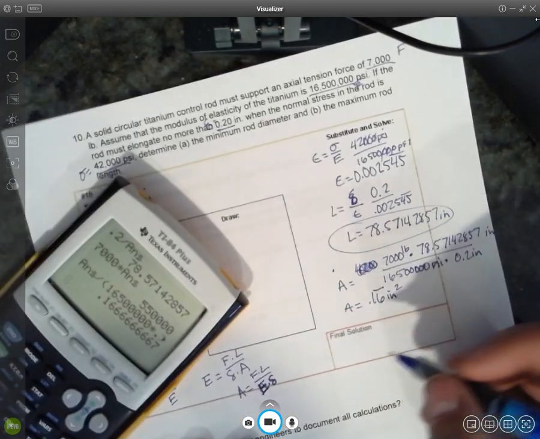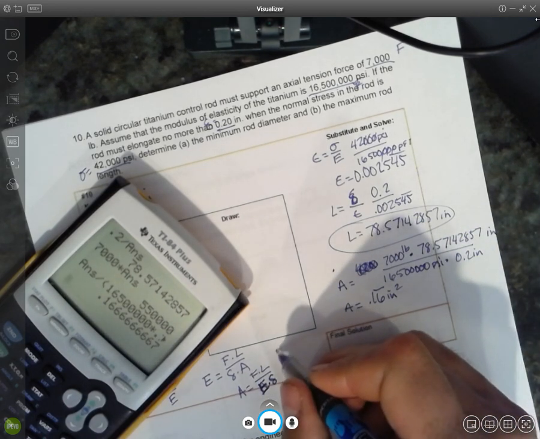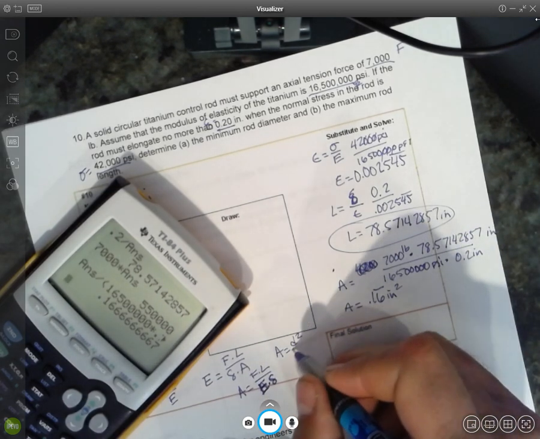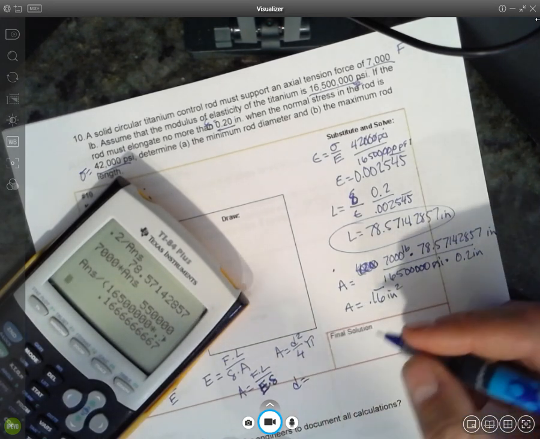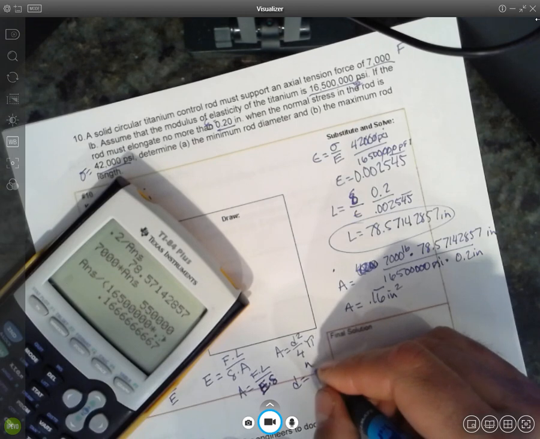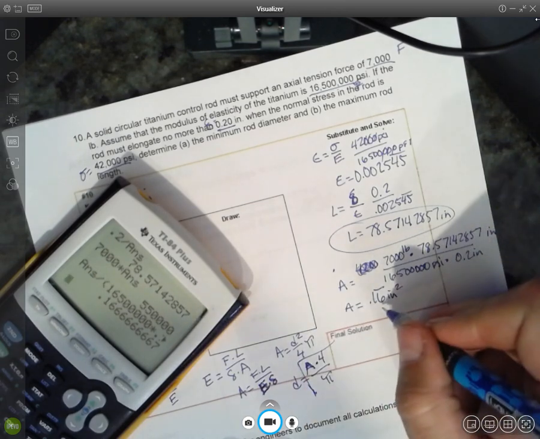And what do we do with area? We use our diameter formula, so area equals pi times diameter squared divided by 4. So diameter would be equal to the area times 4 divided by pi, and take the square root of it.